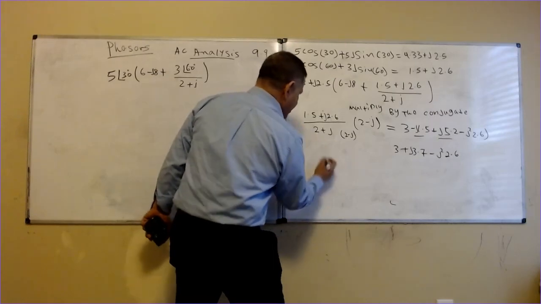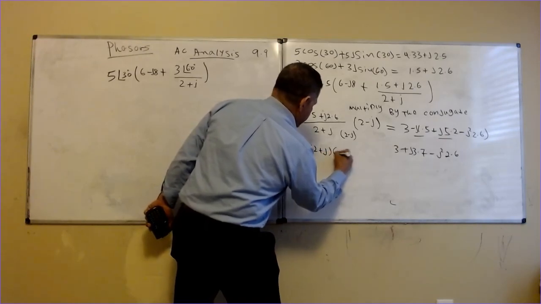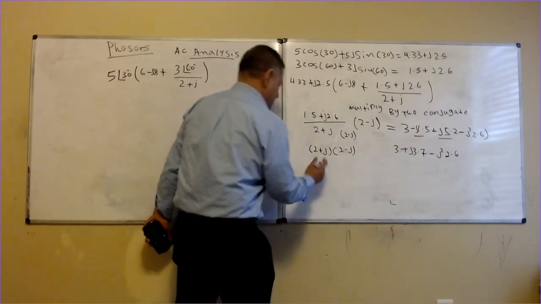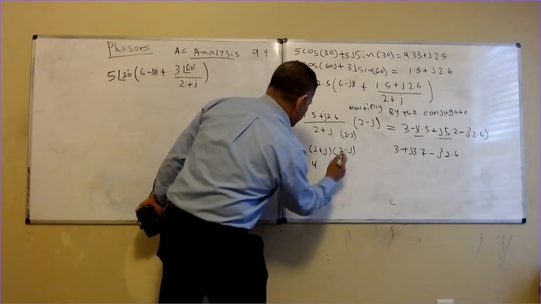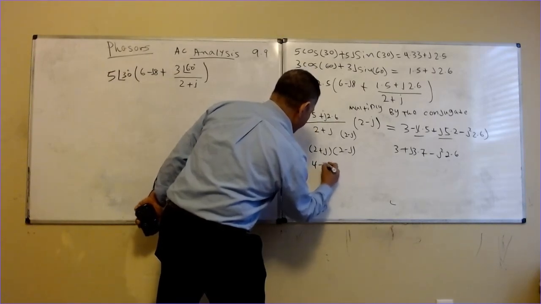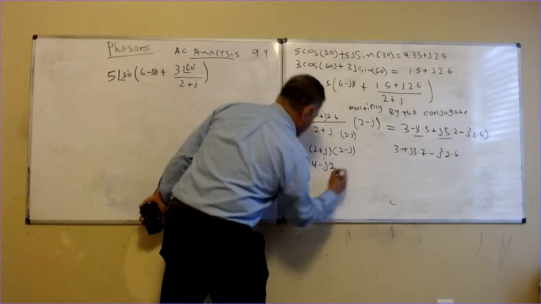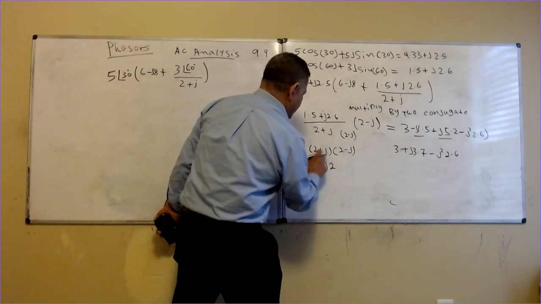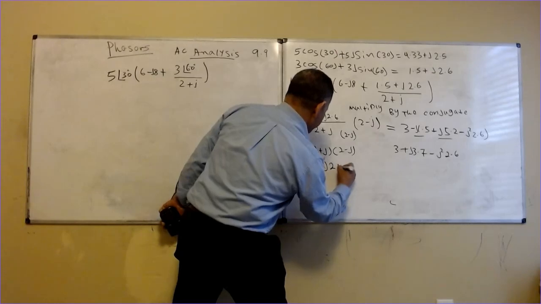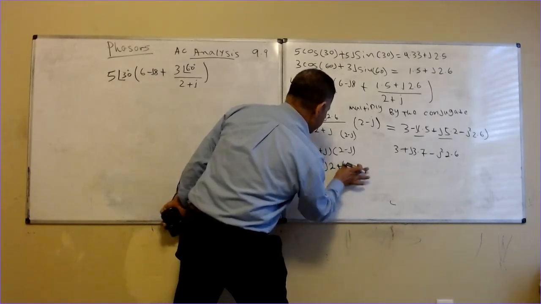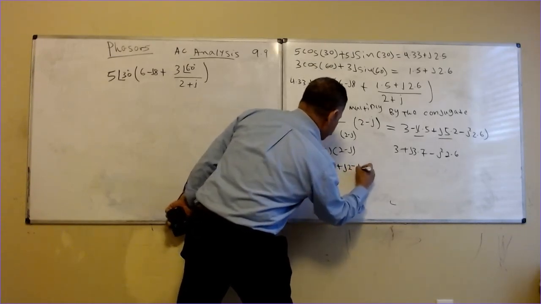When I do the bottom part, I do 2 plus J times 2 minus J, and I get 4, then minus 2J, and then plus 2J, and over here minus J squared.